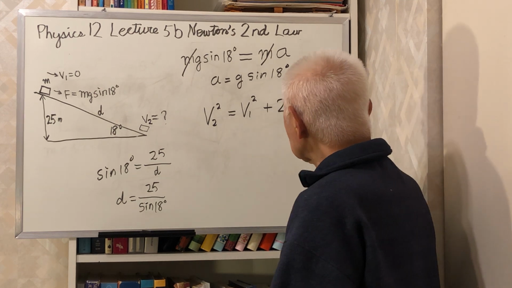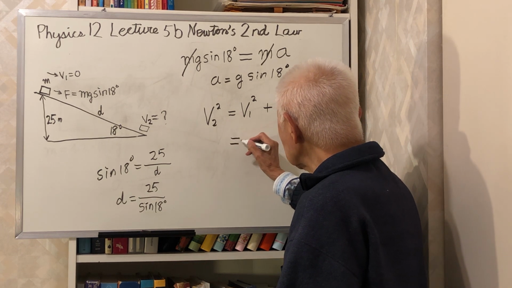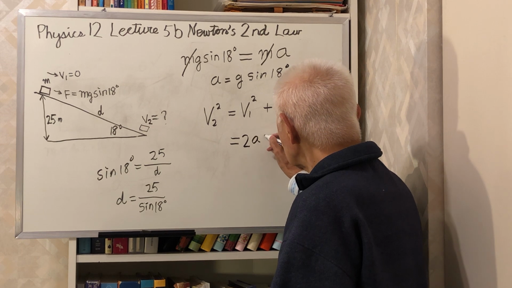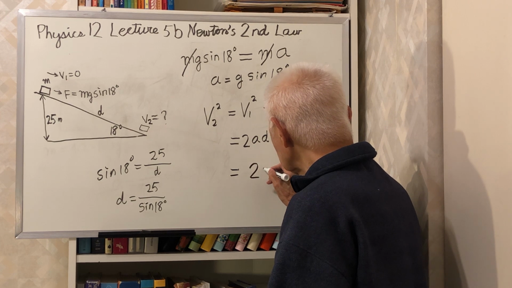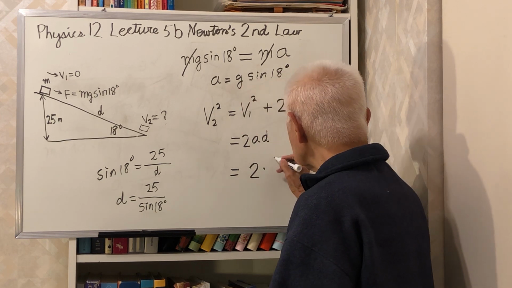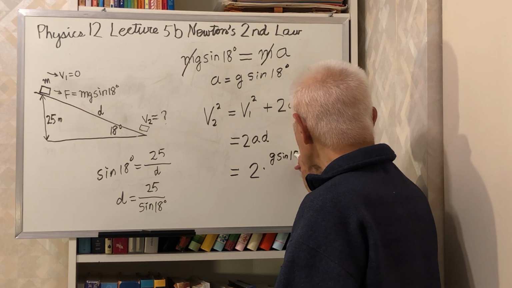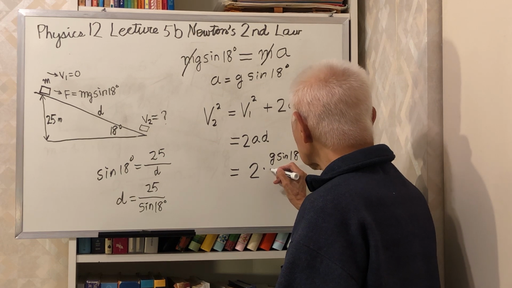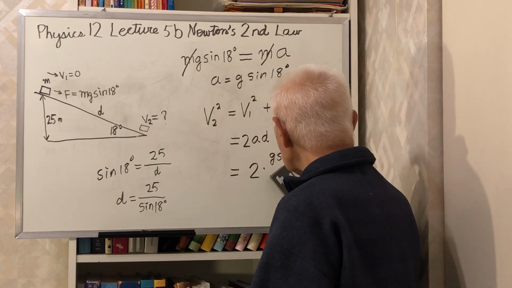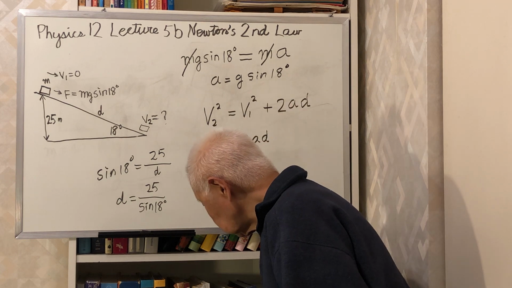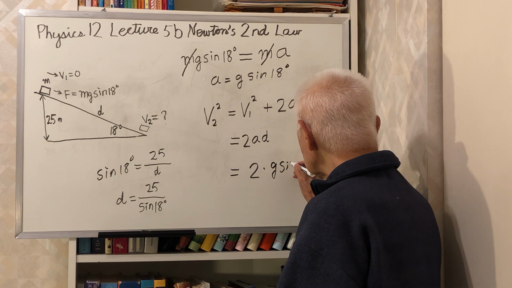V2 squared equals V1 squared plus 2AD. V1 is 0, therefore it's 2AD. Then I have 2 times A, which is G sine 18.